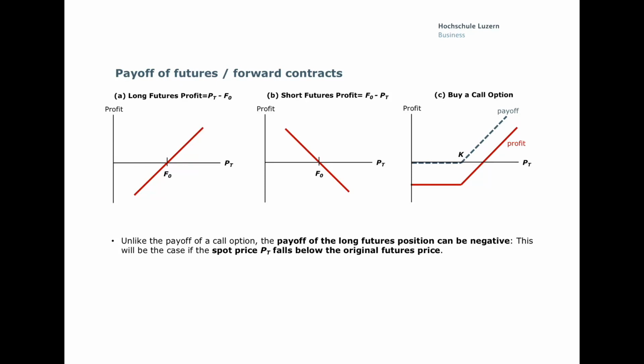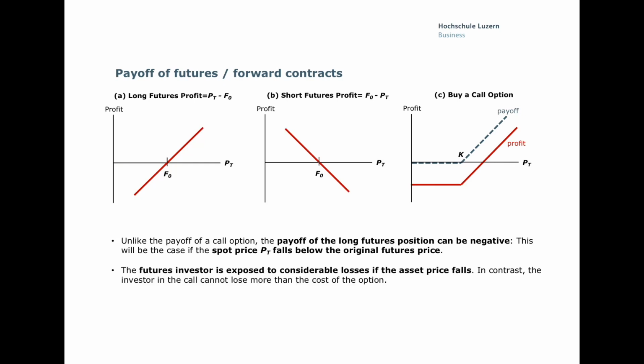The distinction between futures and options is highlighted by comparing panel A to the payoff and profit diagram for an investor in a call option with exercise price K, chosen equal to the futures price F0. As you recognize, the futures investor is exposed to considerable losses if the asset price falls.